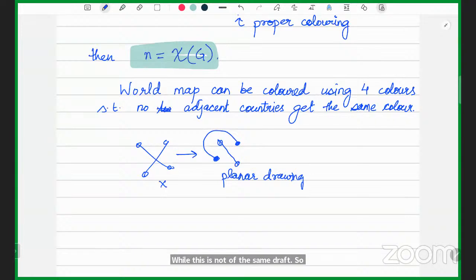So if a graph exhibits a planar drawing, then the graph is called planar, and every planar graph can be colored using at most four colors, which means for any planar graph the chromatic number is at most 4. But this is not our main point of attention.